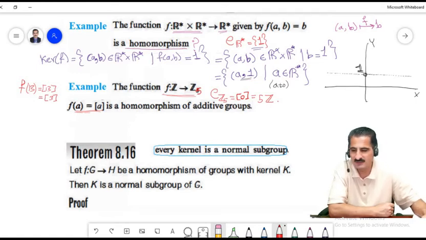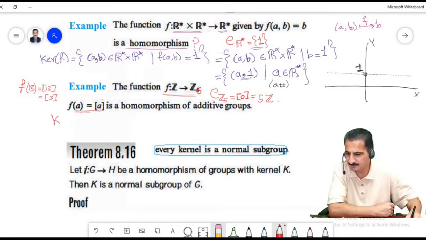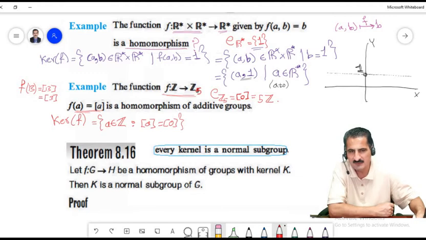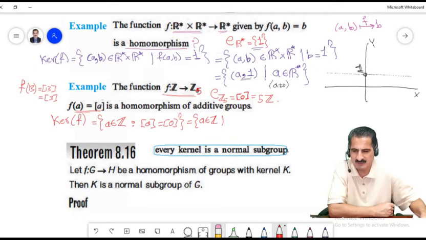Z5. So the kernel of F consists of all integers A belonging to Z such that the equivalence class of A is the same as the equivalence class of 0, which means all integers in Z such that A belongs to 5Z.